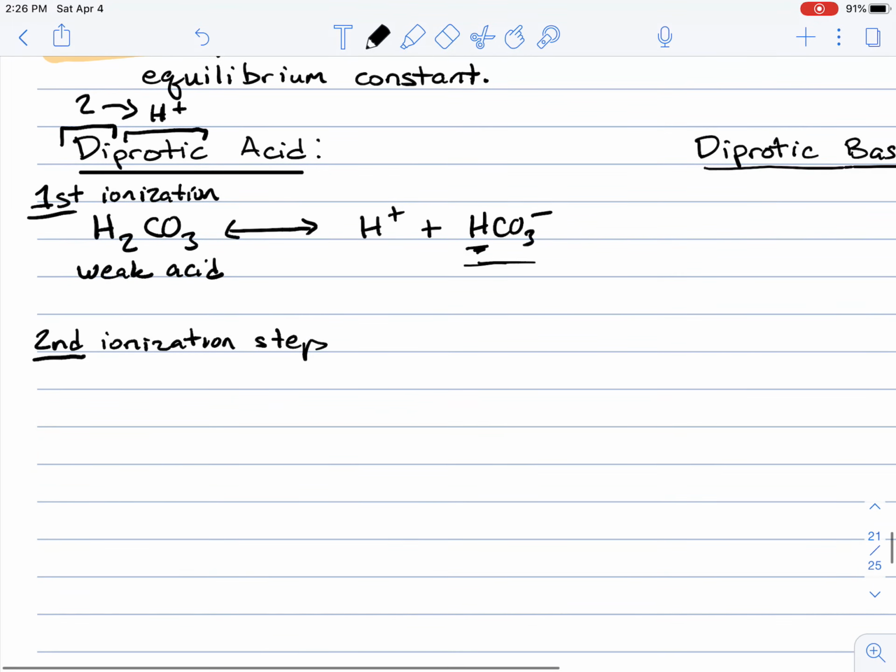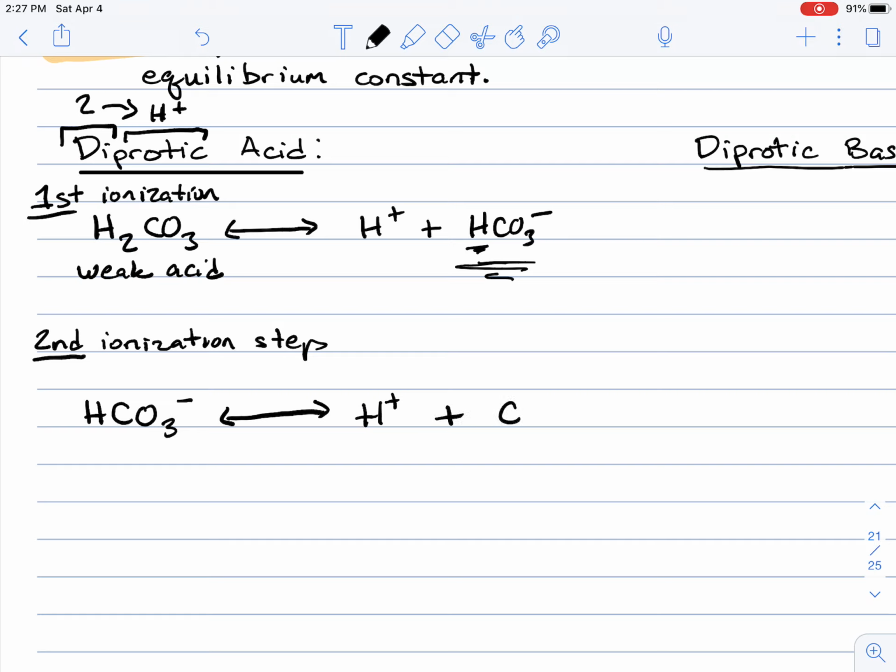We take this product, since it still contains a hydrogen, and write it as our reactant for the second ionization step. Once again, when we're ionizing this, we're simply separating the hydrogen ion from its parent compound, producing H+ and CO3 2-.